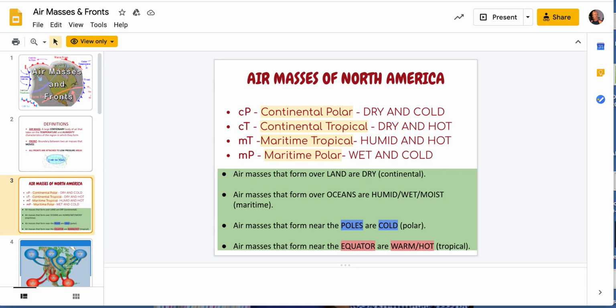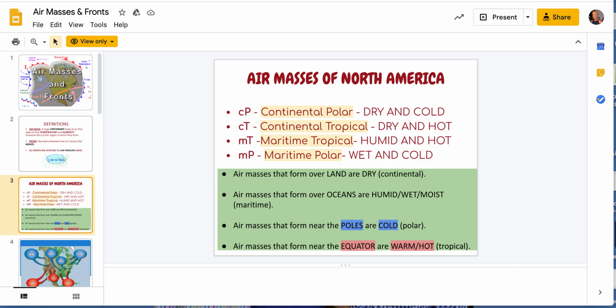All right, so air masses in North America. Y'all have this exact anchor chart, or this exact note sheet, I guess I should say. You're going to hear continental polar, continental tropical, maritime polar. All right. Air masses that are formed over land are dry. Those are your continental ones. They're over the continent. That's land.